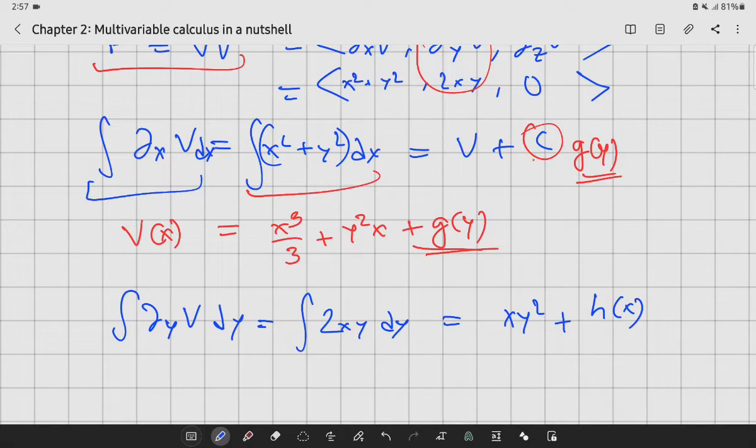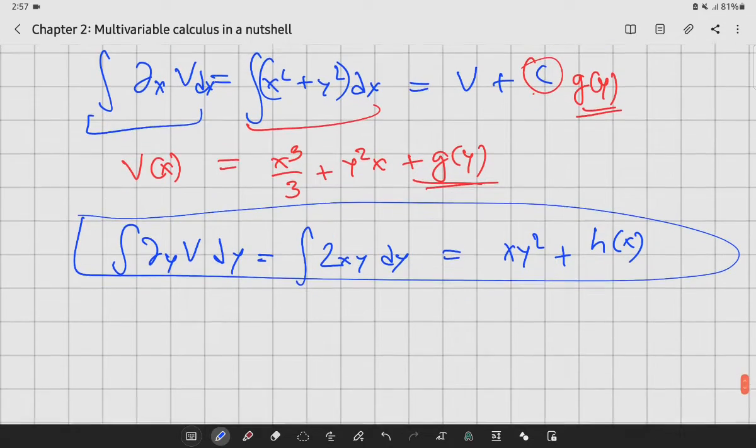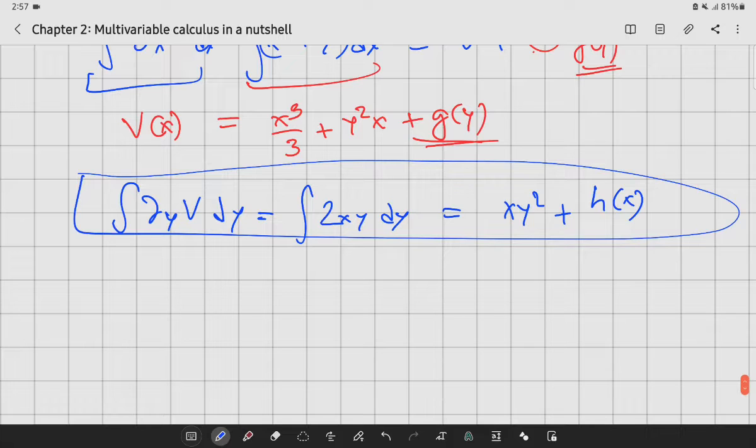Okay, so this is the other way around. But I'm not going to use this thing. I'm going to use something else. I'm going to use the fact that partial y of partial x of v equals partial x of partial y of v, right?